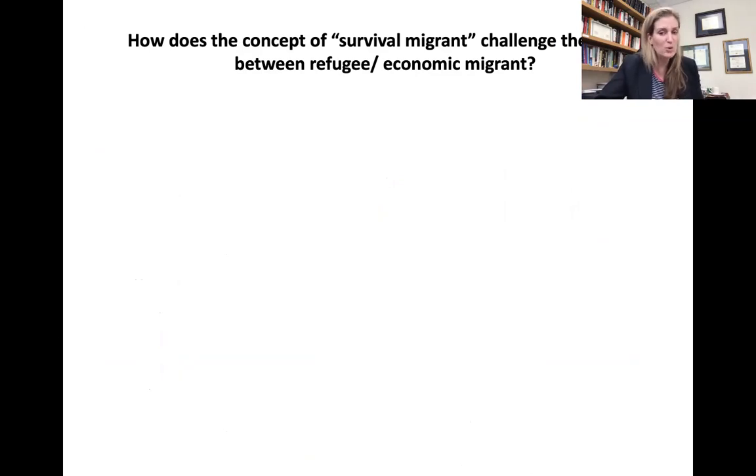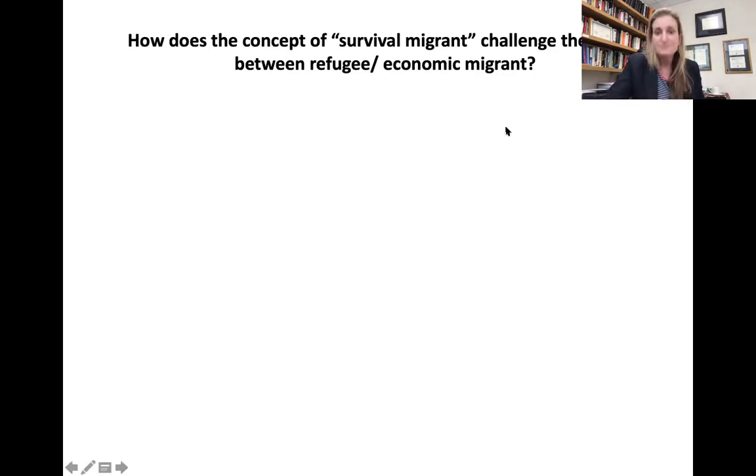Because she wouldn't be qualified as a refugee, given the strict nature of that definition. She's not being persecuted by the nation state, but certainly she's being forced to move and to leave because her life and the livelihood of her family, they can't meet their basic human rights living in the highlands of Guatemala and the conditions they find themselves. Okay, so she exemplifies that category of survival migrant.